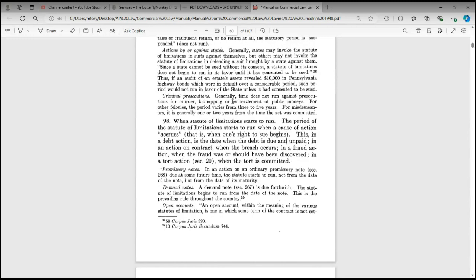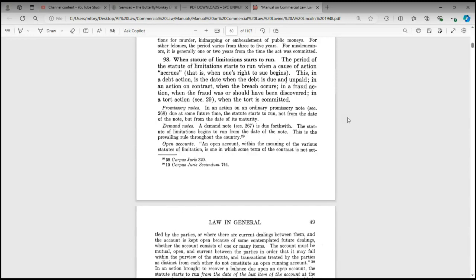Criminal prosecution. Generally, time does not run against prosecutions for murder, kidnapping, or embezzlement of public monies. For other felonies, the period varies from 3 to 5 years. So they're talking about public monies. For misdemeanors, it is generally 1 or 2 years from the time the act was committed.